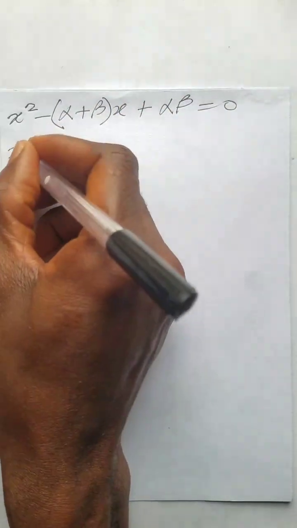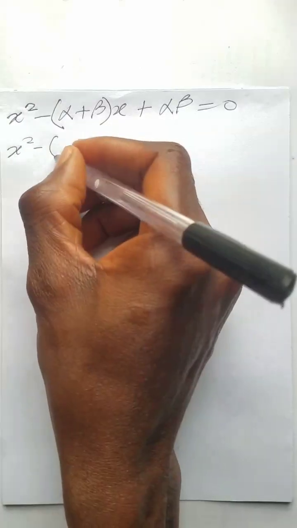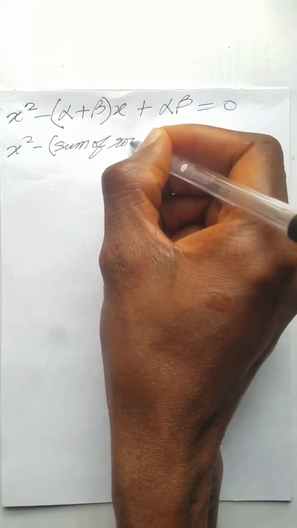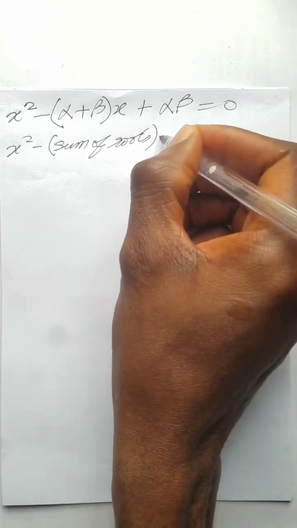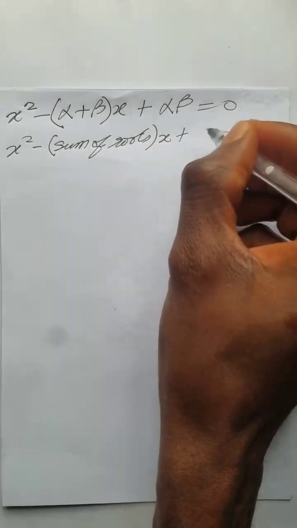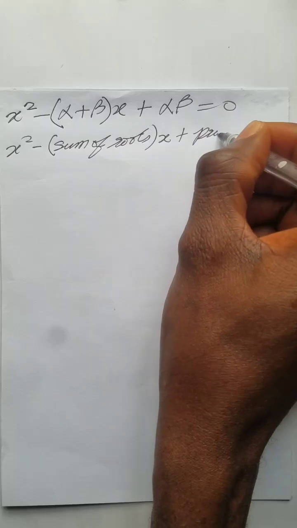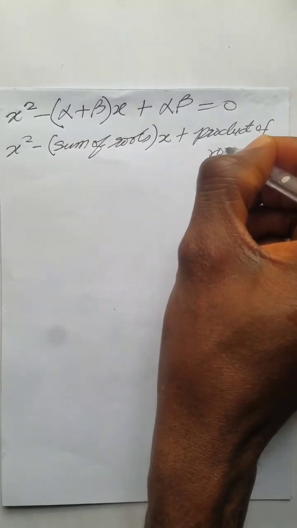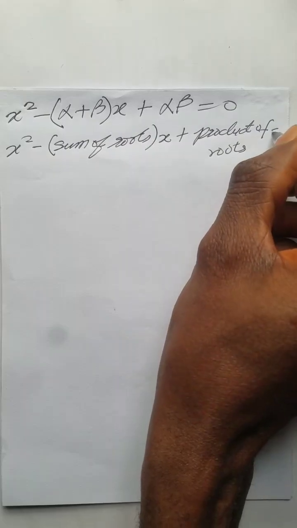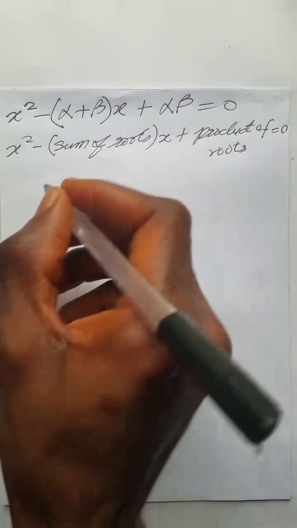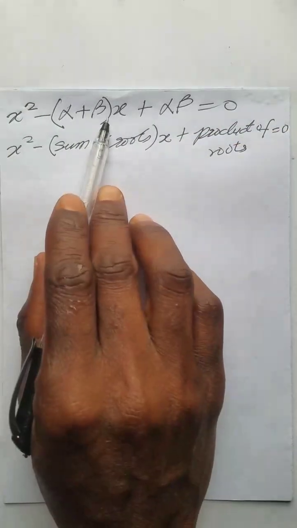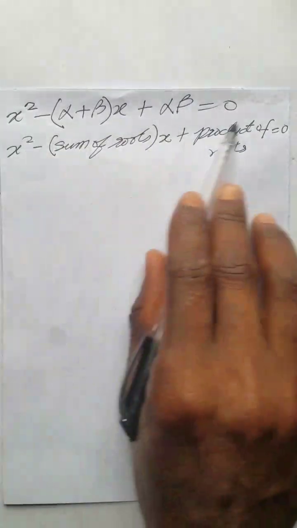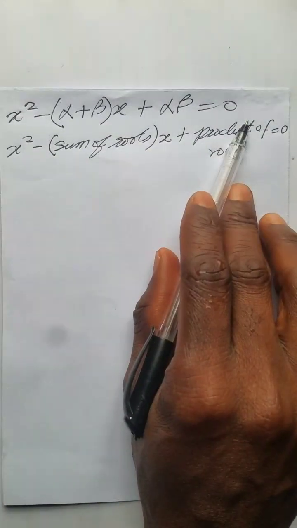What that means is x squared minus, into bracket, sum of roots, close bracket x plus product of roots is equal to 0. So all I need to do is add my roots, multiply my roots, and fix them in this equation. That's that simple.